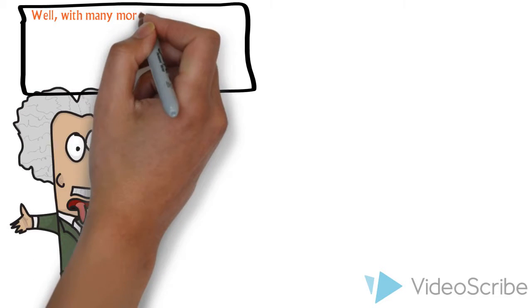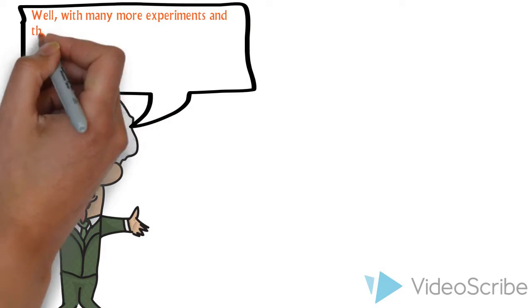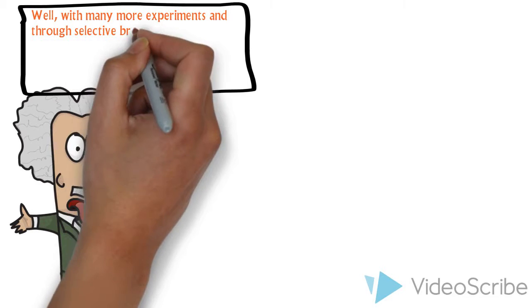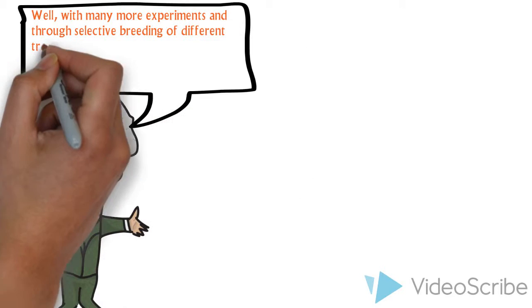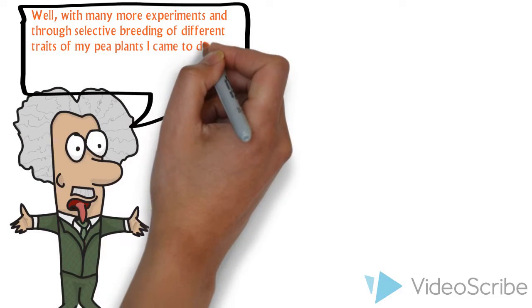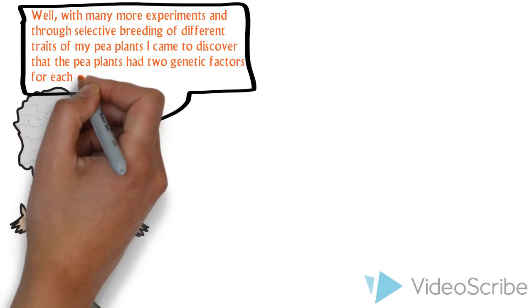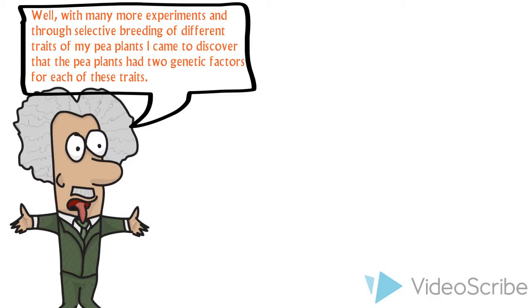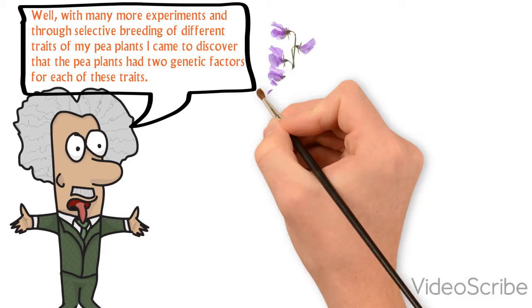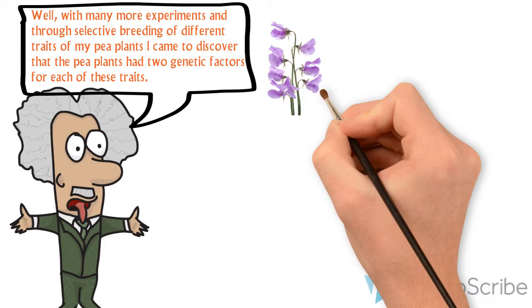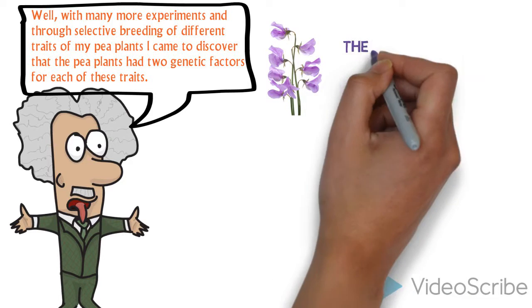Well, with many more experiments and through selective breeding of different traits in my pea plants, I came to discover that the pea plants had 2 genetic factors for each of these traits. I determined that the purple color must then be the dominant trait.